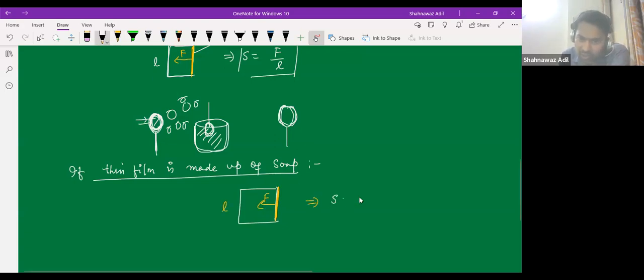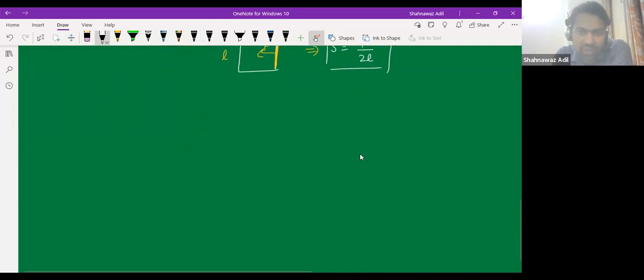This would be F by 2l, because one layer is on the back side and the other one on the front side. So this is the definition of the surface tension. Is this thing clear to you guys? Yes, sir. Okay.